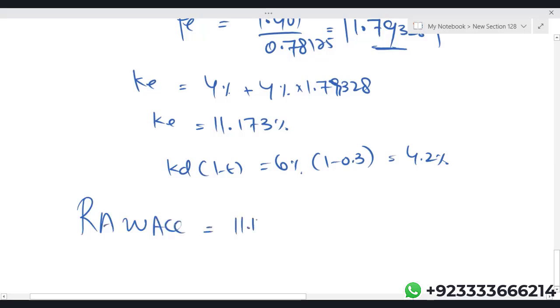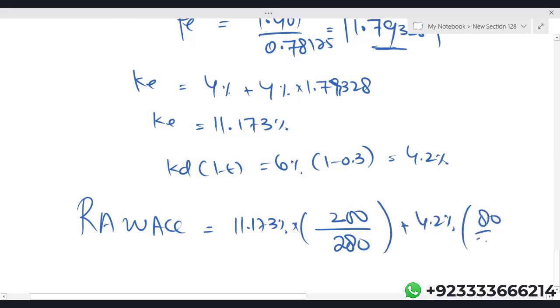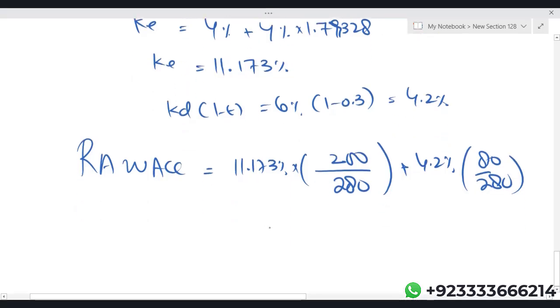K is 11.173 into market value equity, which is 200 divided by 280, plus KD (1 minus T) 4.2 into 80 upon 280. So 11.173 multiplied by 200 plus 80 multiplied by 4.2 divided by 280. I'm getting 9.18%.